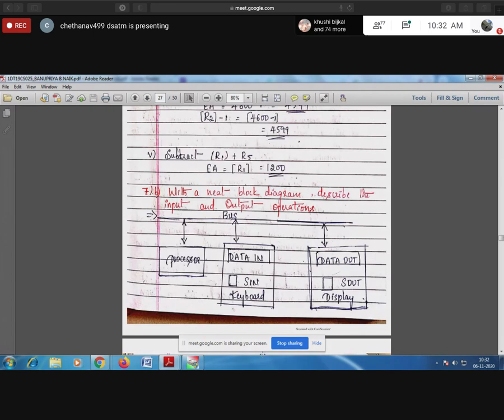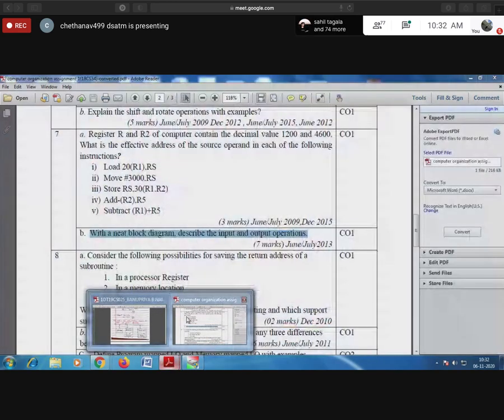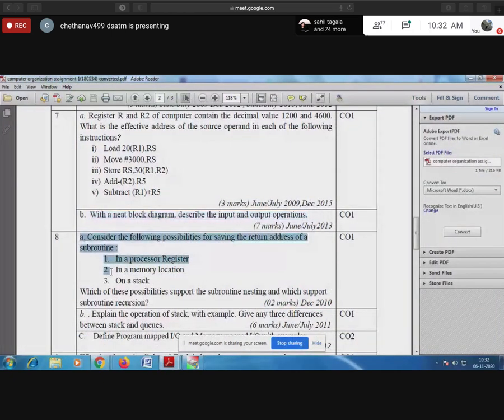That's about your seventh B. If you go to eighth, it's very simple. What is saving the return address? I can store the return address anywhere: even in a processor register I can keep it, even in a memory location I can keep it, even in the stack I can keep it.